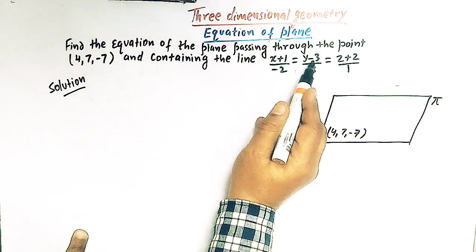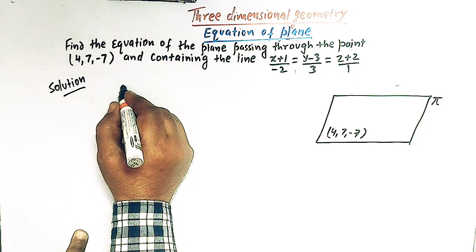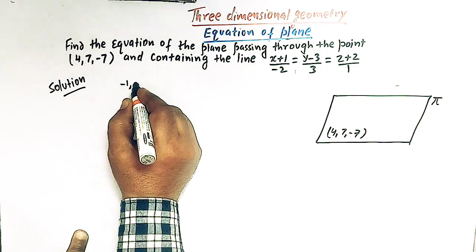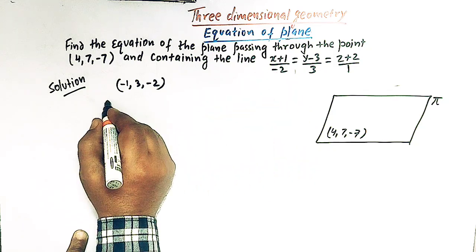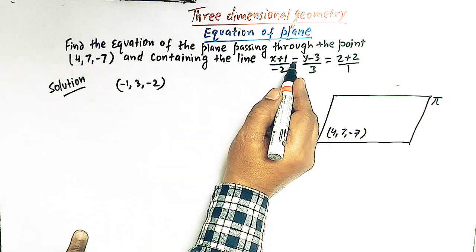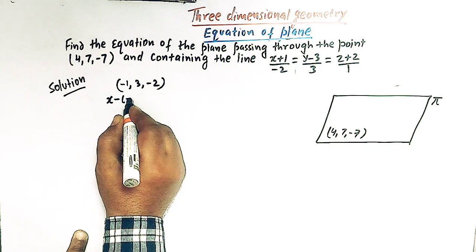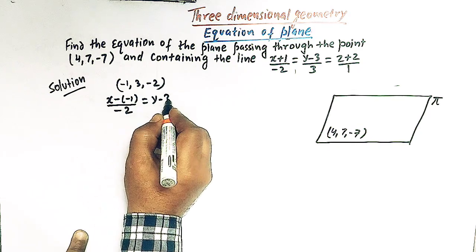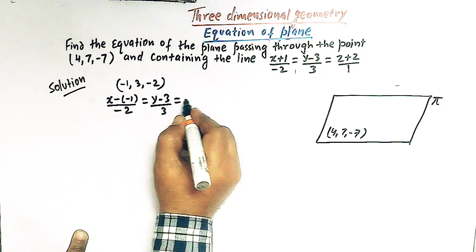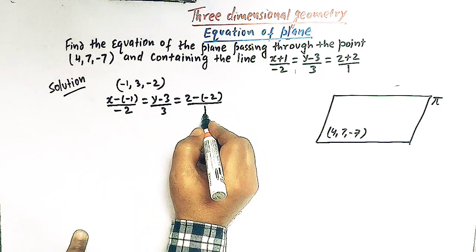Now see, this line passes through the point (-1, 3, -2), because here we can write the equation of the line like this, that is (x - (-1))/(-2), (y - 3)/3, and (z - (-2))/1.